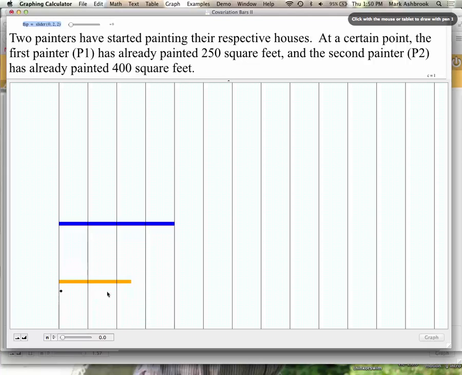In general, what would that bar represent? Number of square feet painted. The length of that is the 250 square feet painted by P1, and this one would be the number of square feet painted by P2.